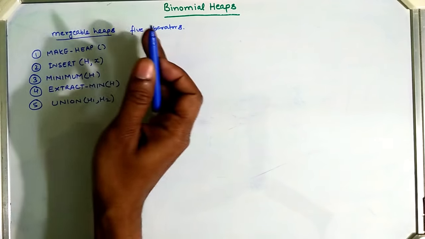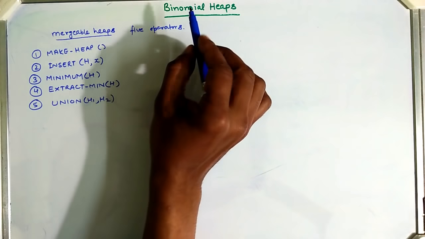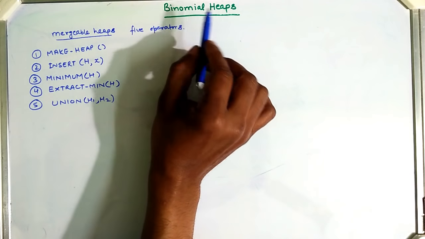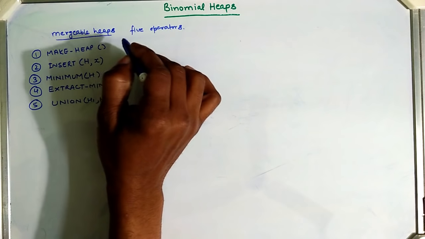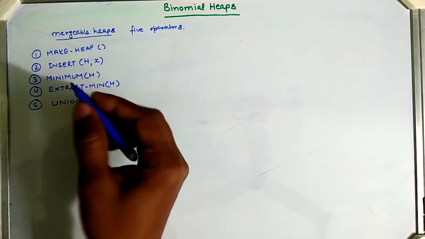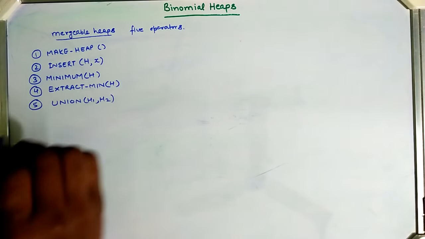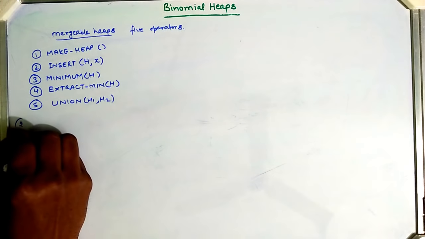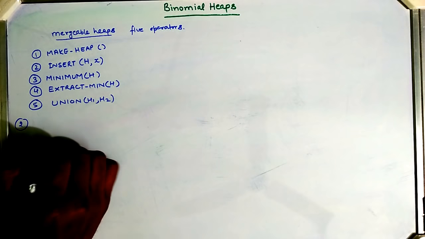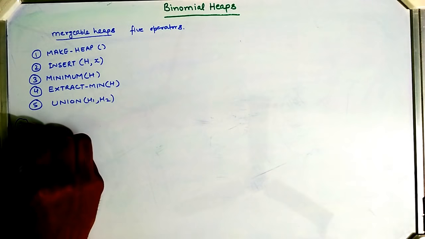Now in order to implement this type of data structure, we are using binomial heaps. Besides these 5 operations, we also have two other operations for this data structure.